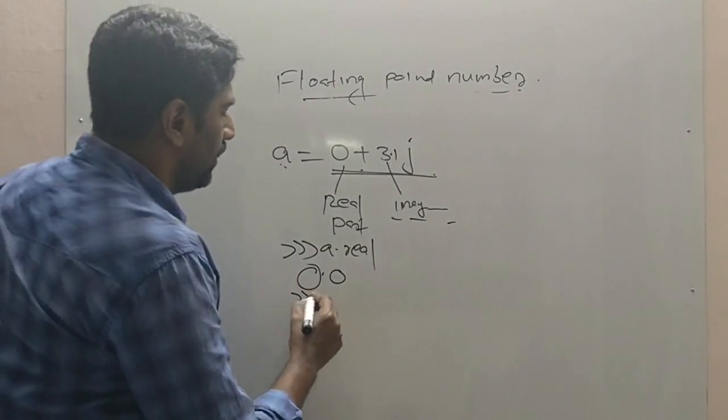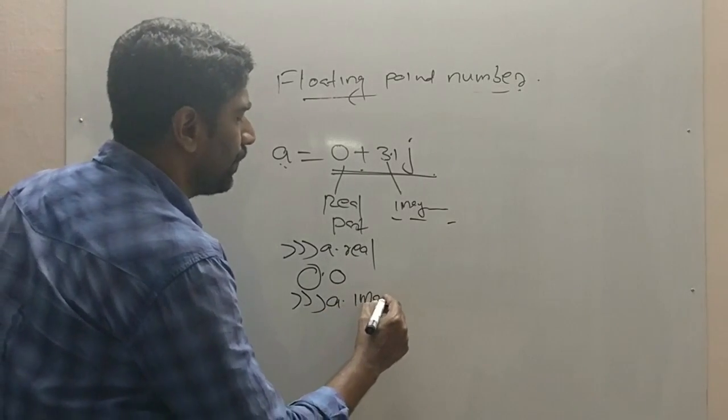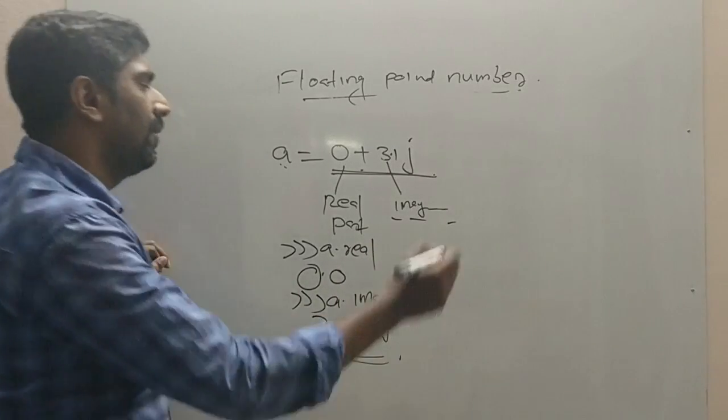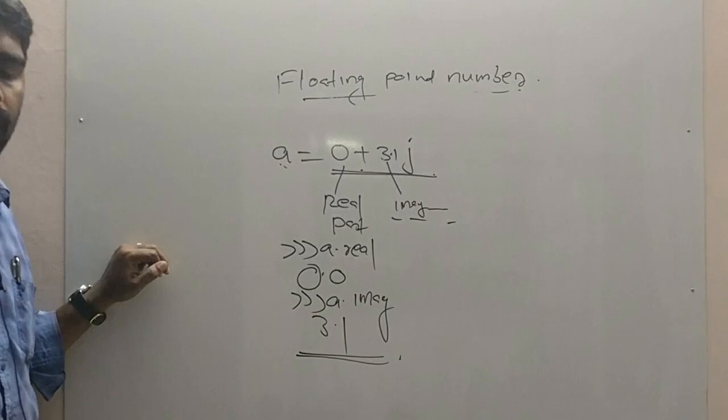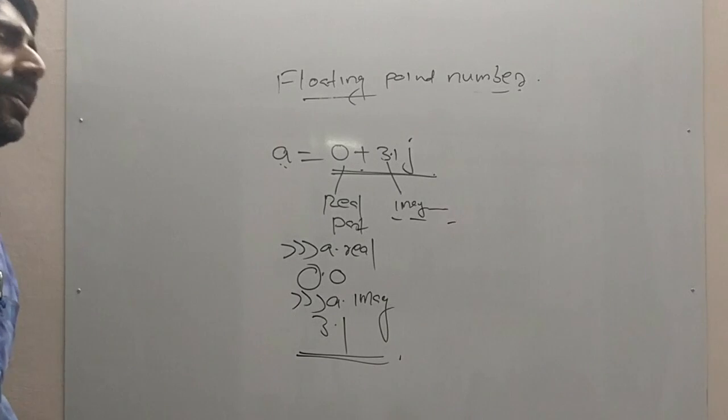If you want the imaginary part, then a dot imag, and we will get 3.1. So this is called complex numbers. Clear?